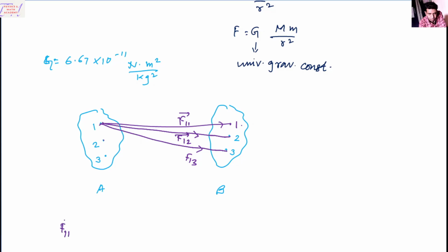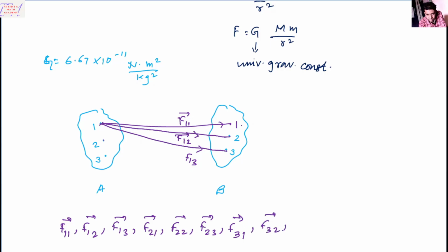This is F11, F12, F13. Another is F21, F22, F23, and for particle 3 of body A on the 3 particles of body B, these are F31, F32, and F33.